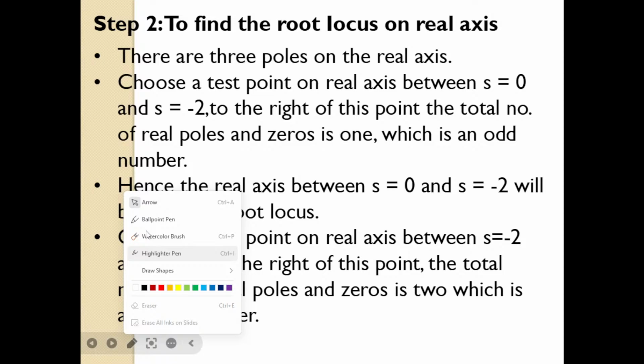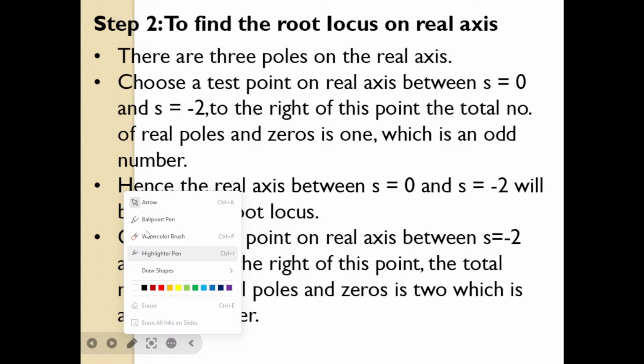So now let us go to step number 3, to find the angles of asymptotes and centroid. The angles of asymptotes formula we already know, that is 180 into 2q plus 1 by n minus m. What is n?